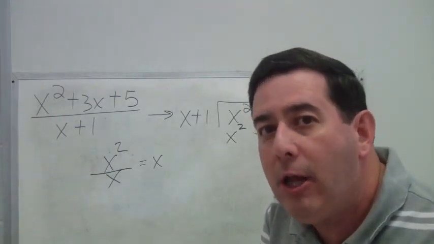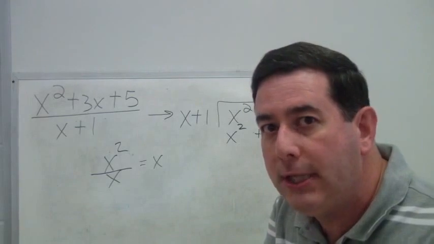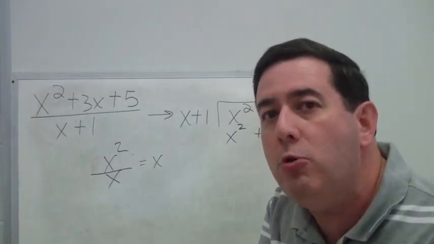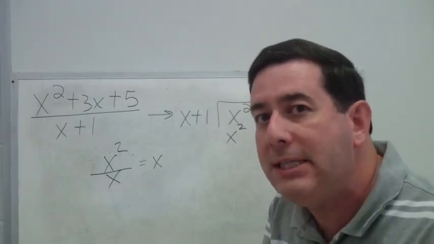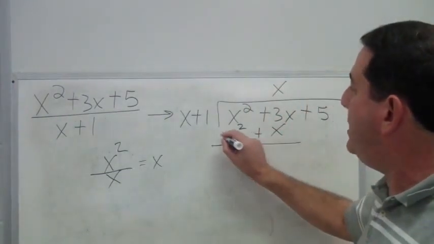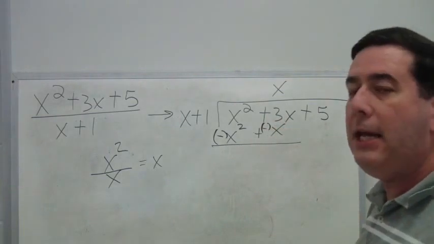But instead of calling it subtracting, I'm going to say, let's change the signs. When we change the signs, I'm going to put the new sign in parentheses so that I can keep track of what sign is the new one. Let's change each of these signs, making that a negative, making this a negative.